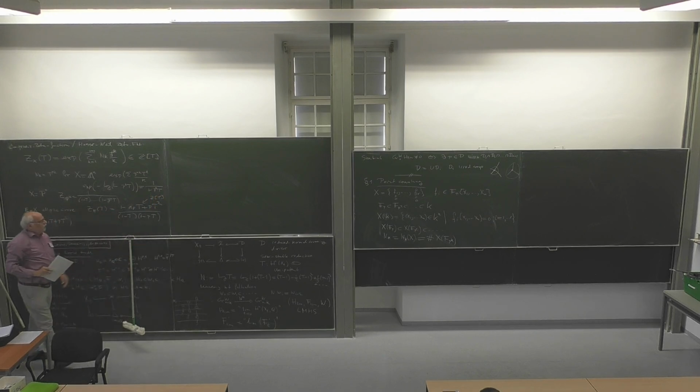And as such, this degree 2 polynomial is irreducible, but you might factor it over the complex numbers, and you might write it as (1 minus alpha t)(1 minus beta t). The product of the roots alpha and beta is p. So if you know alpha, you know beta.